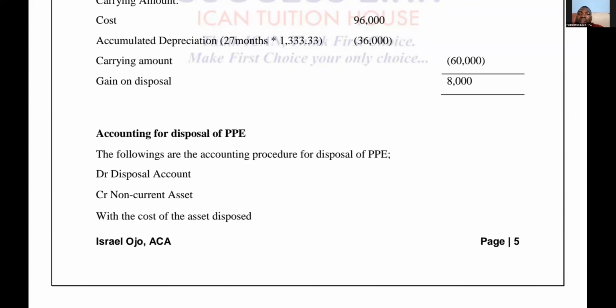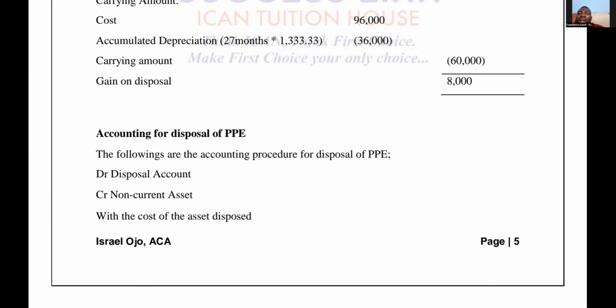So the first one is we need to remove the asset from our asset account. When we purchased it, what we did was that we debited the purchase of the asset into our asset account. But now we are letting it go, we are disposing it. So we need to remove what we debited.